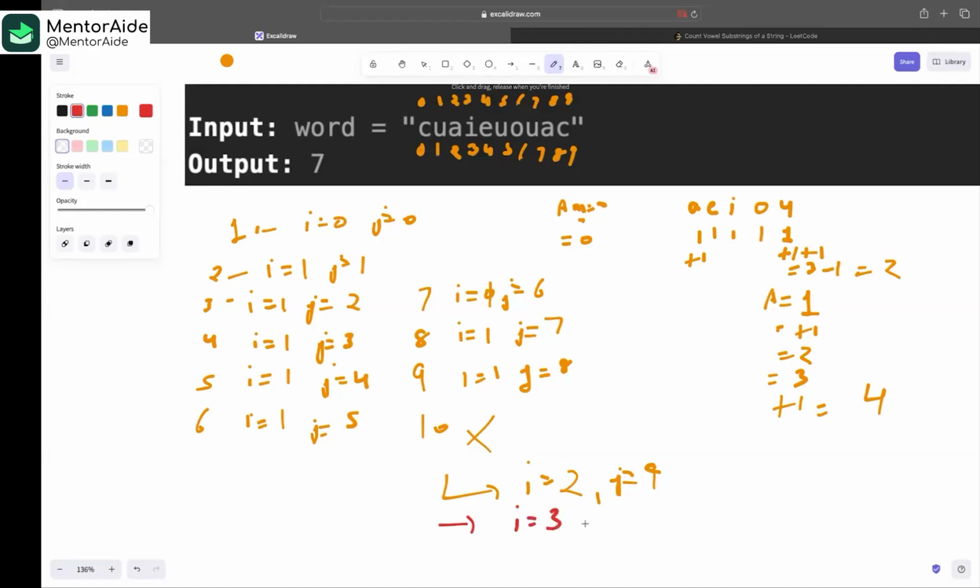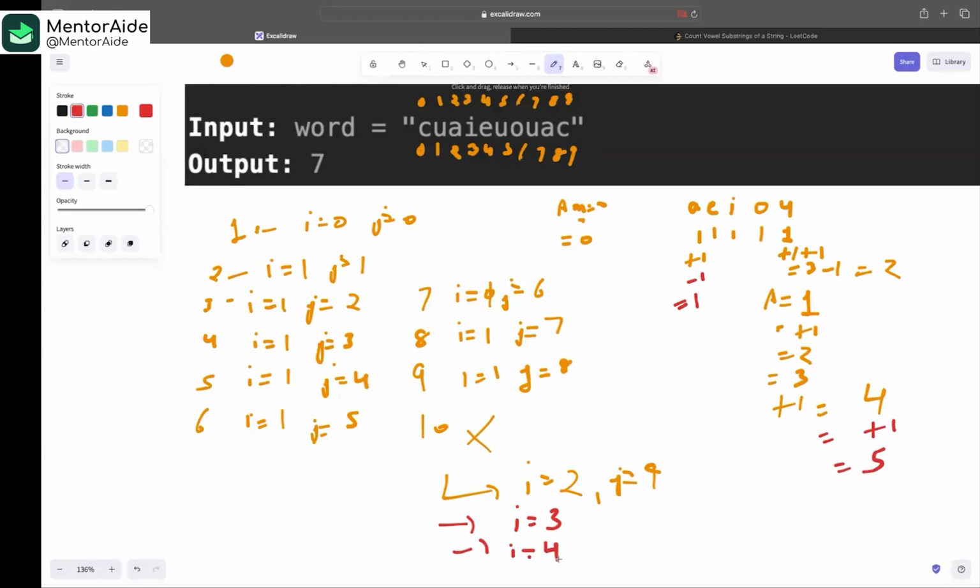I will not mention the J. We are not making any change to J for now. So if I becomes 3, that means we are again decrementing the count of A. That means A will become 1. Again, we have one more answer, 5. Next. I became 4.